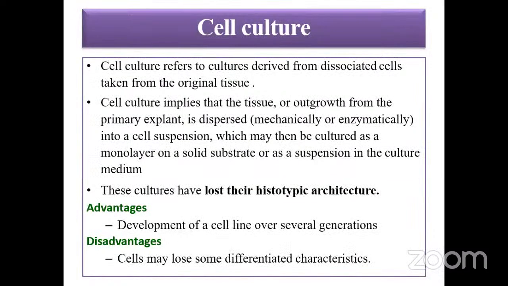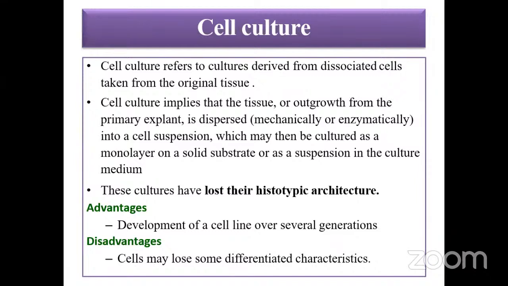So these are the organ and tissue cultures. If you have any doubts, I will answer at the end. Cell culture refers to the culture of dissociated cells, where they are separated enzymatically or mechanically, made into a suspension, and then cultured. But tissue and organ cultures are mostly not used.